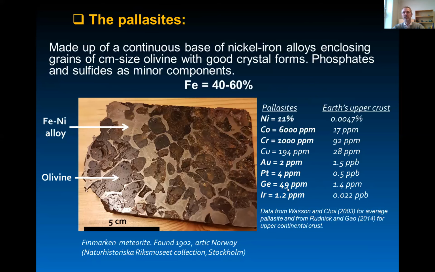Germanium, 49 ppm. Germanium is a very useful element for optic fibers, optics, and solar cells. Iridium as well, very enriched compared to Earth's crust.